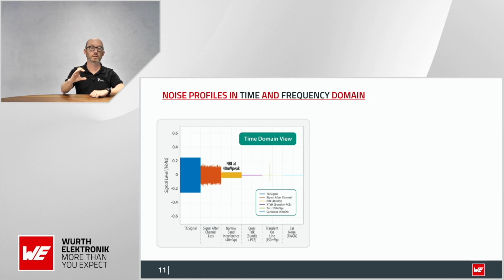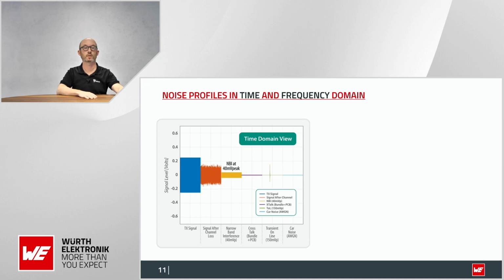You can see there's a certain loss of level caused by the damping on the cable, on the transmission. And compared to these, we have the four types I've talked about. The yellow one, the narrowband interference, with also quite a high amplitude, and the crosstalk, the white Gaussian noise next to that. And you can see in green the transients online with quite a huge voltage spike, but also a very short duration of time.